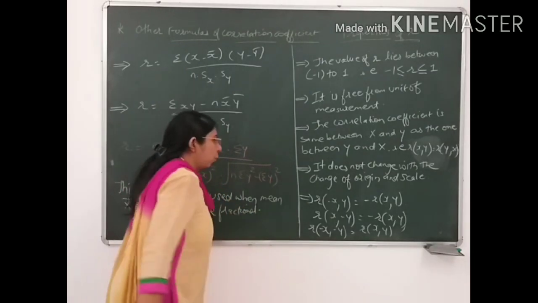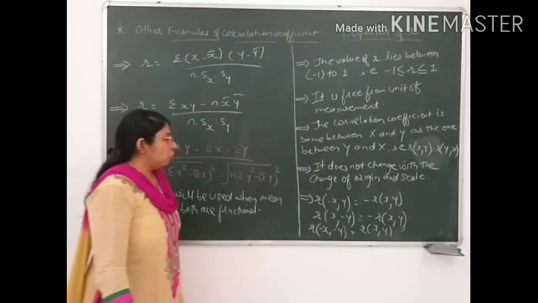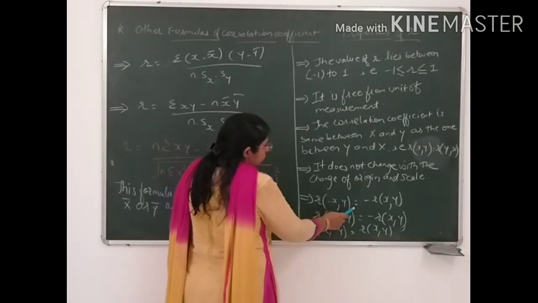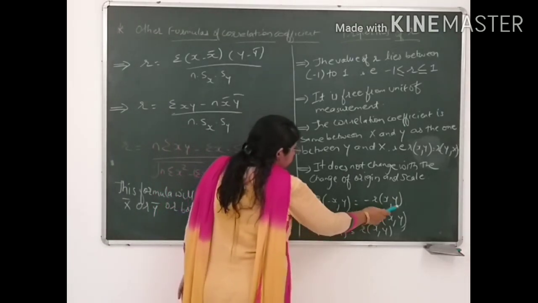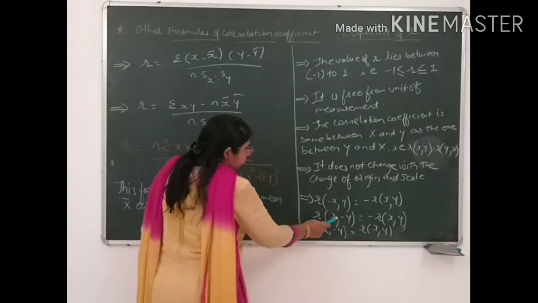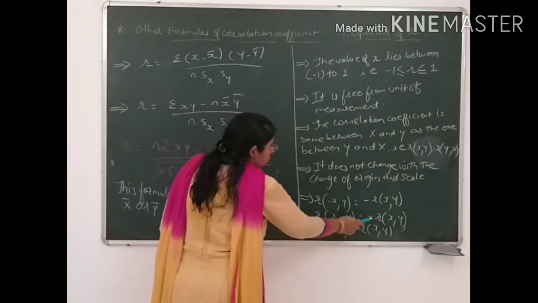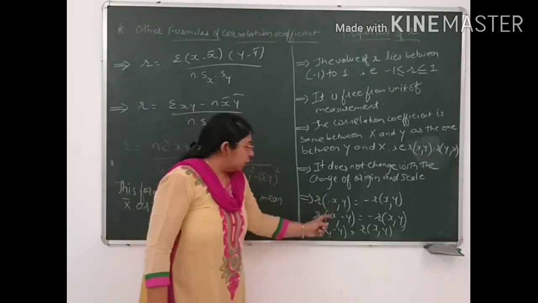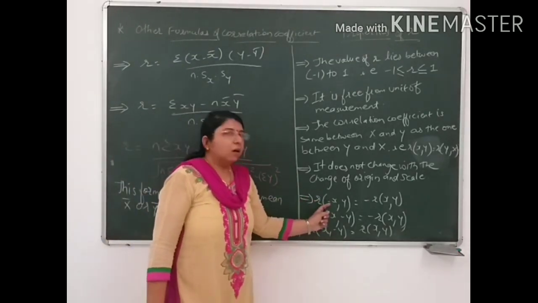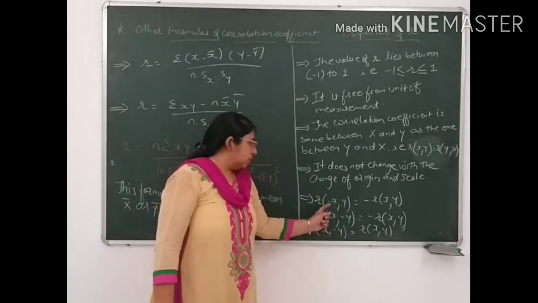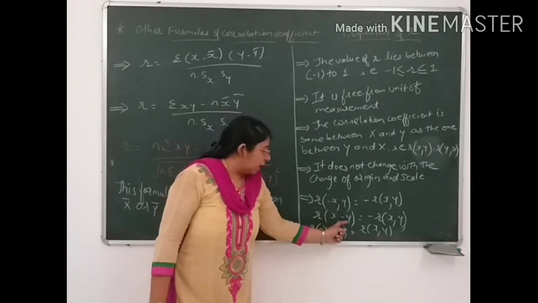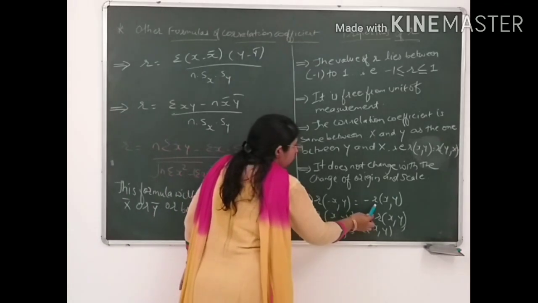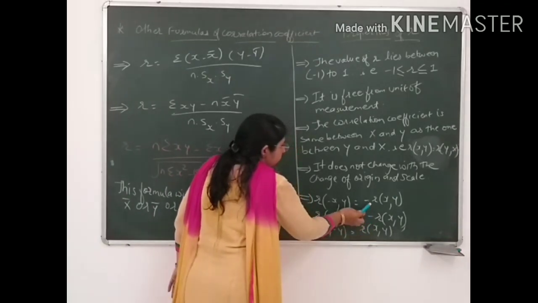Now the last property of correlation coefficient is that r of minus x, y is equal to minus r xy, and r of x, minus y is equal to minus r xy. It means if the value of variable x is negative, or the value of variable y is negative, in both situations the correlation coefficient, that is R, will be negative.